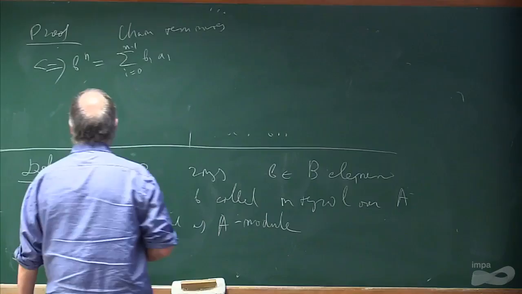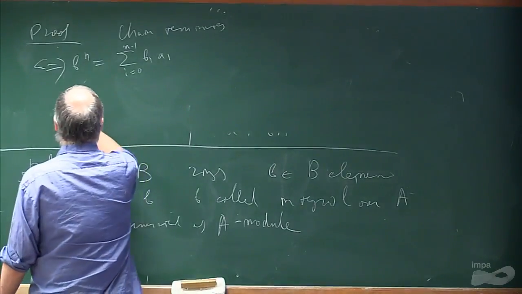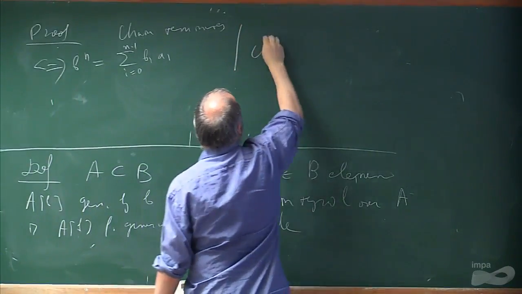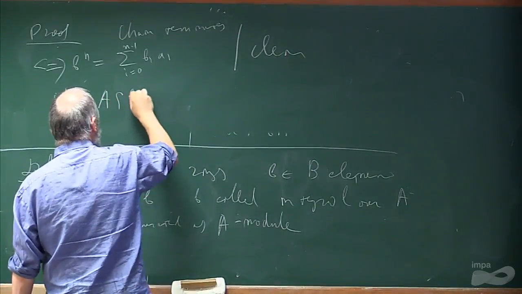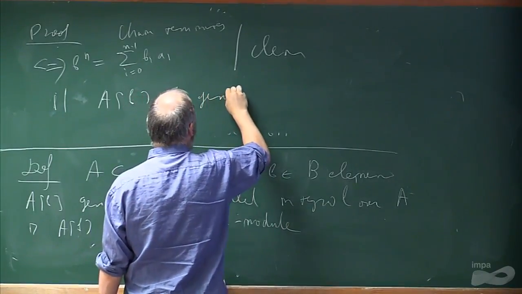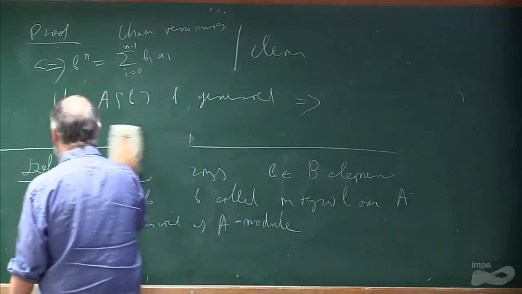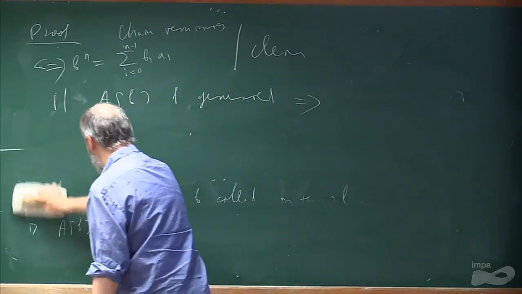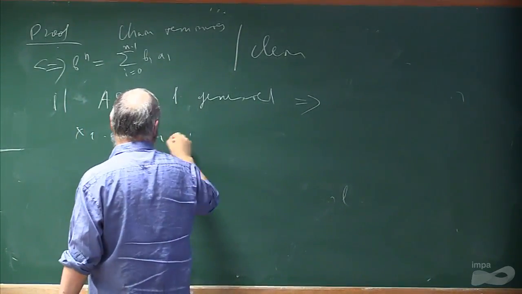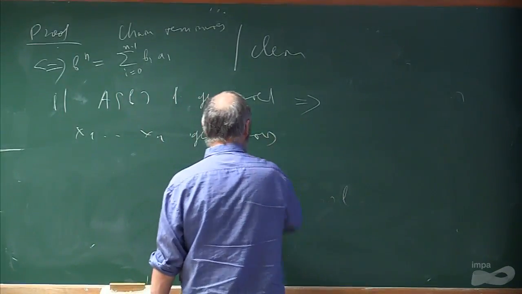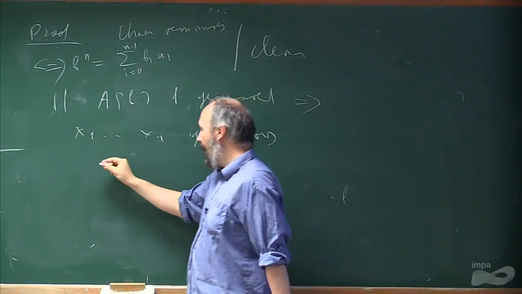Okay, now finally, if A[b] is finitely generated, this is clear. We take generators x_1 through x_n, and suppose they're all polynomials in b, right?